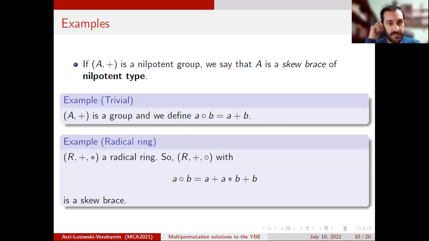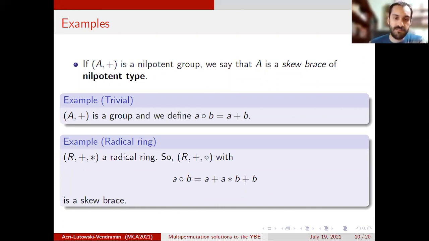We say that a skew brace is of nilpotent type if the additive structure is a nilpotent group. This is important because we want to imitate non-commutative ring theoretic properties. Also, from the work of Etingof, Schedler, and Soloviev, we know that finite skew braces of nilpotent type have a solvable multiplicative group, and this is quite important.